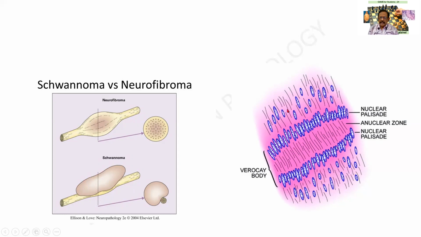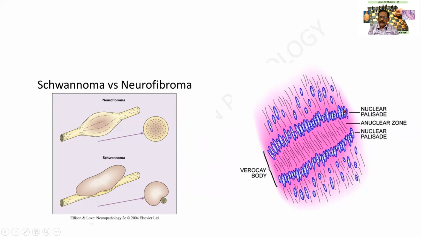This is something that we will have to remember. In a case of schwannoma, there are two types of cells, and one is called a cellular zone. This is a cellular zone, and always remember the pink color is the cytoplasm and the blue color is the nucleus. This is a diagrammatic view, and I find that all the nuclei are as though regiments of soldiers that are standing in an army.